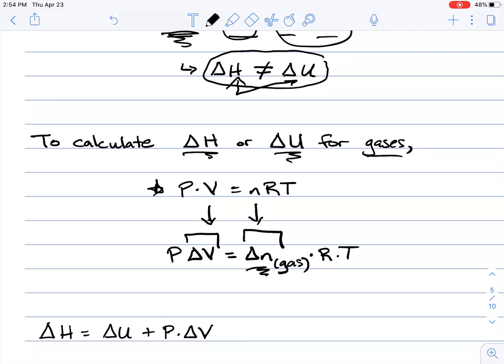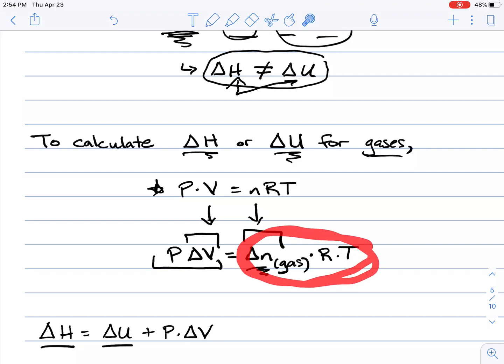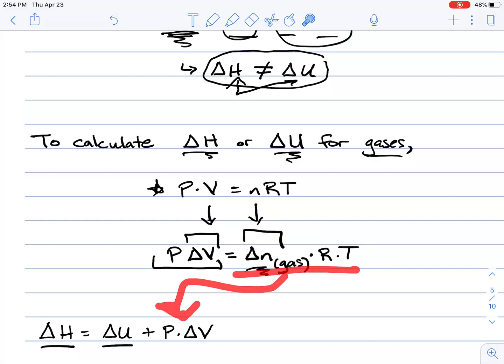The equation that relates the change in enthalpy to the change in internal energy is delta H equals delta E plus P times delta V. Since P times delta V is equal to delta n R T, we plug that term in.